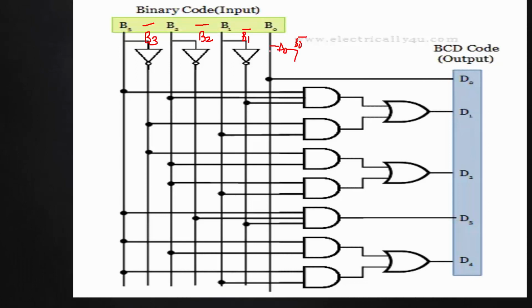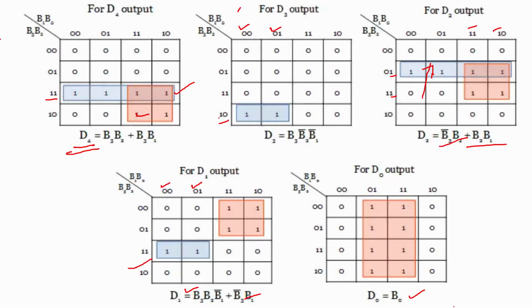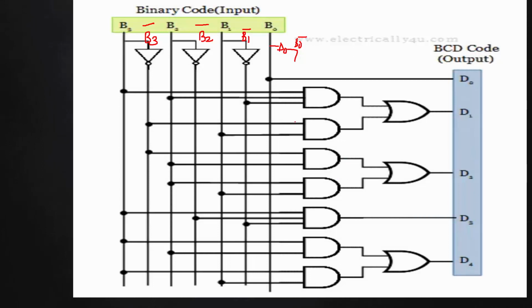So we don't need to draw this particular portion here. So first D0: from this expression it is clear, D0 means B0 itself. So directly draw a line from this B0, this will form D0.